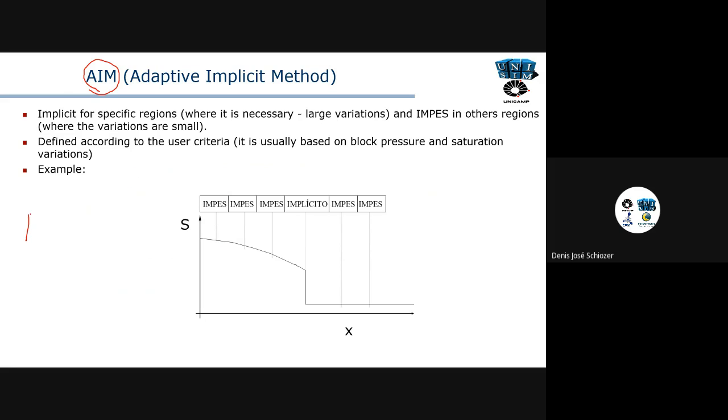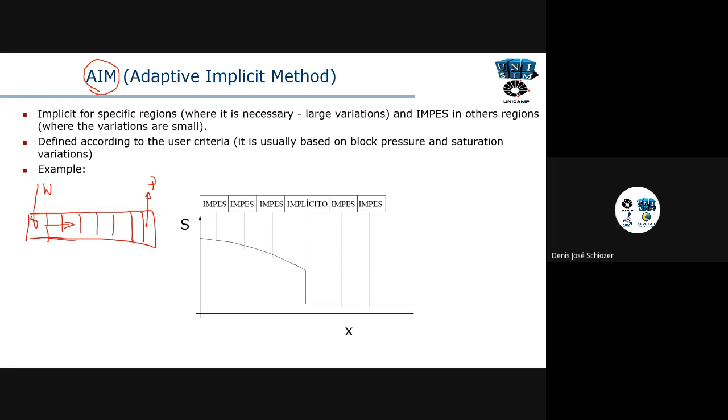But let's assume I have a very simple problem where I'm injecting water here and producing fluids here. Okay, here's a producer and here's a water injector. Let's assume I have oil here and water, and I'm displacing oil here from the injector. And I have a grid size, which is this one, for example.